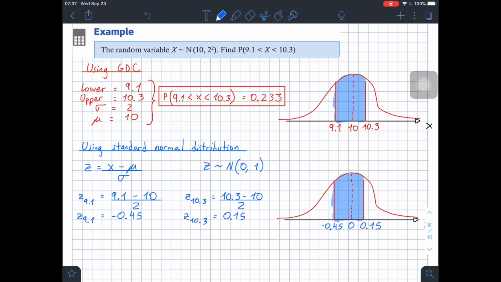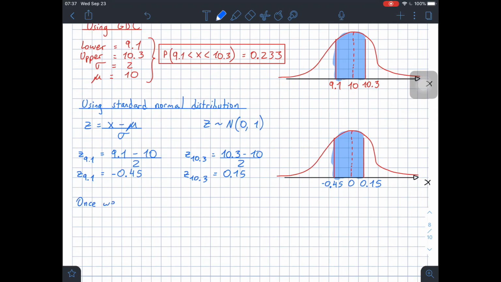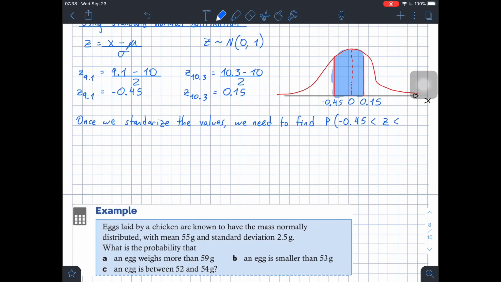So let me write the following step. Once we standardize the values, we need to find the probability of being in between these two values, right? In between negative 0.45 Z and 0.15.